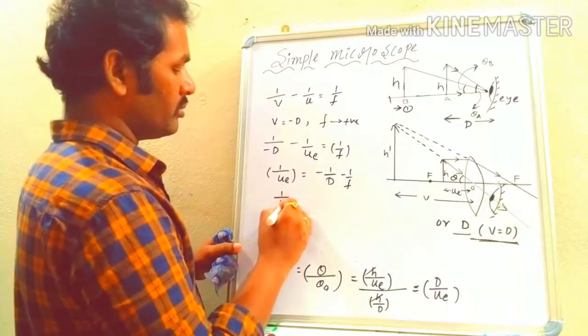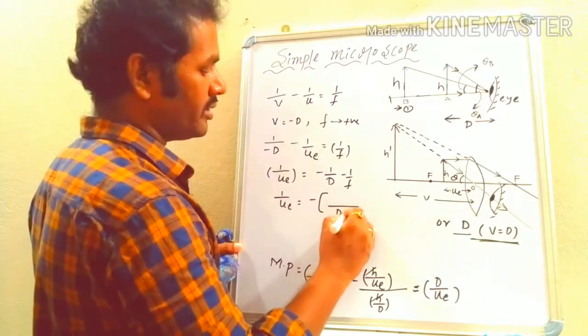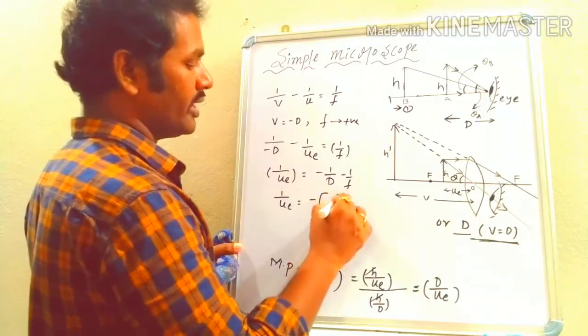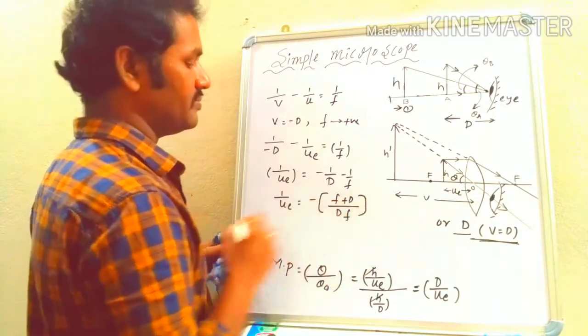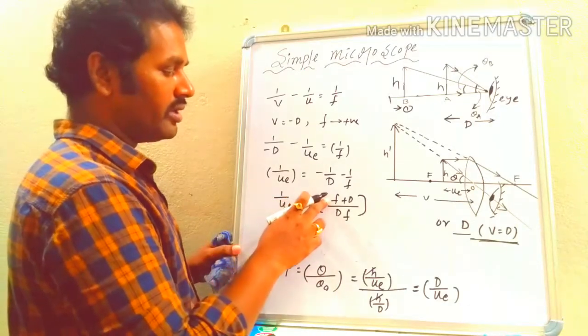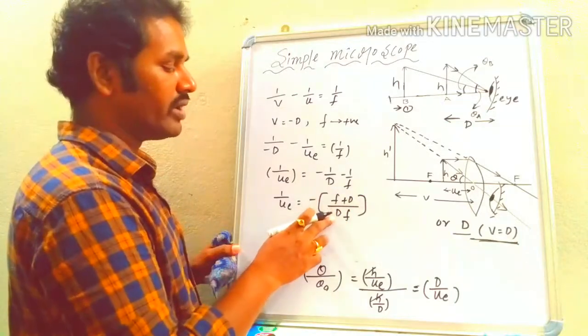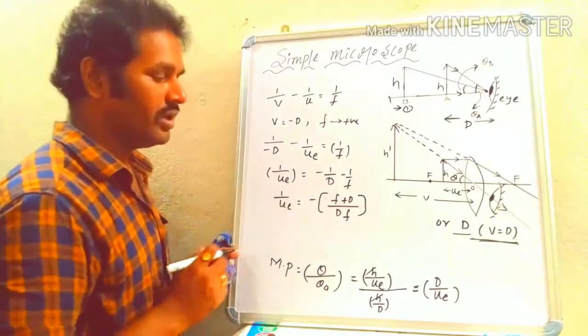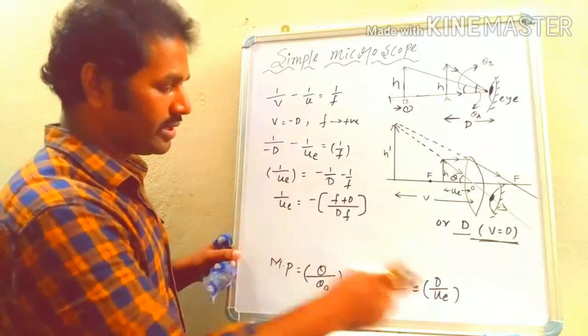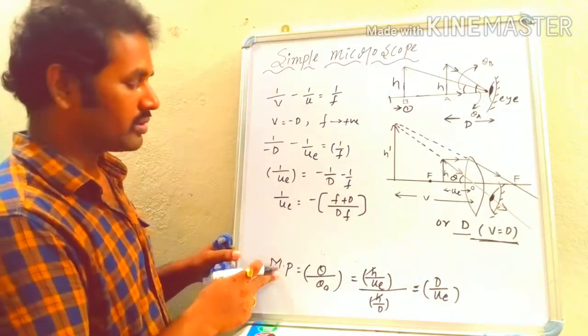With that, 1 by ue is equal to, taking minus common outside and df as the LCM, you will get f plus d. So 1 by ue is equal to negative of f, the focal length, plus d, the least distance of distinct vision, divided by d into f. Take this value directly in the expression to find the magnifying power.